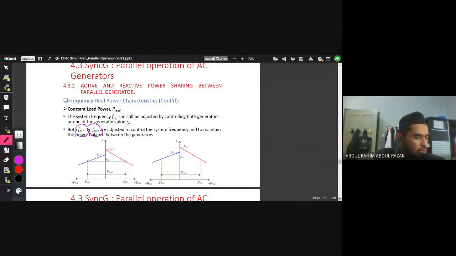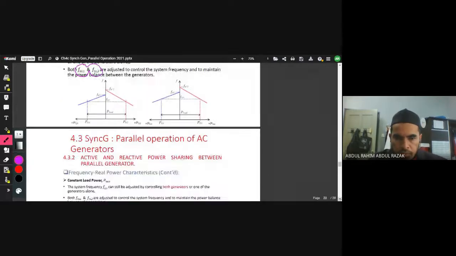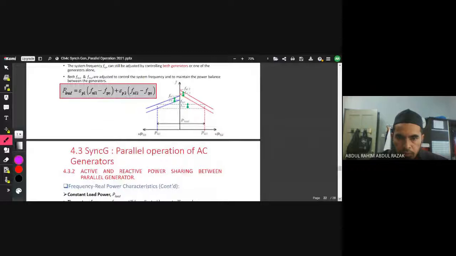So it means that either the roof on the left or the right can be adjusted to control their power sharing. This is a repetition of the previous slide.